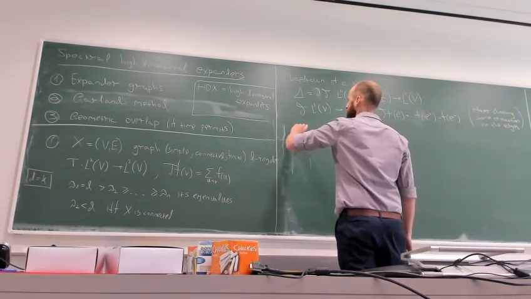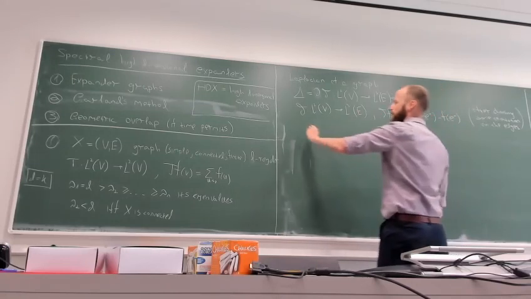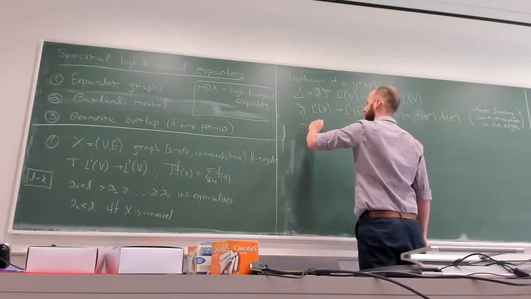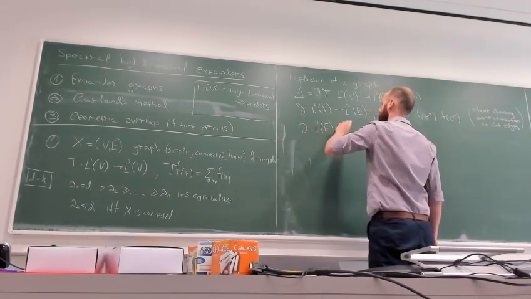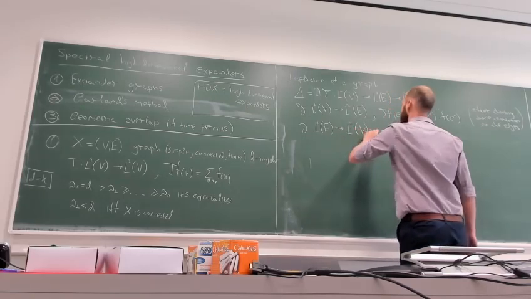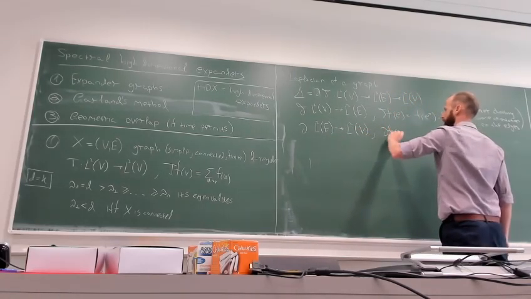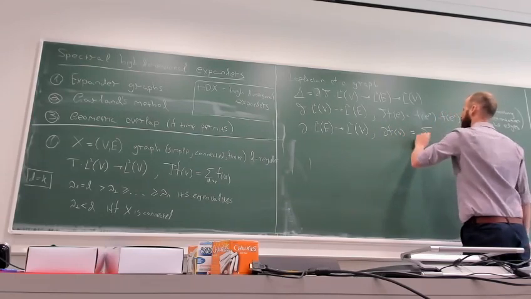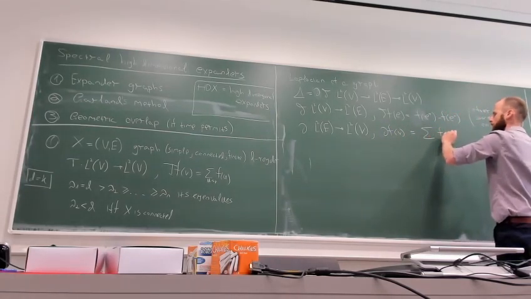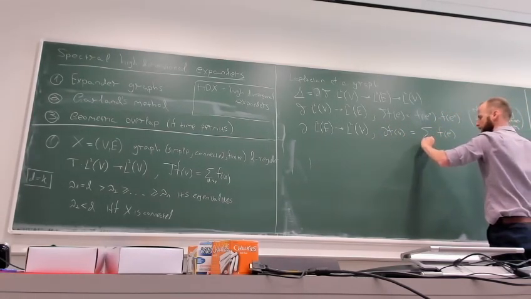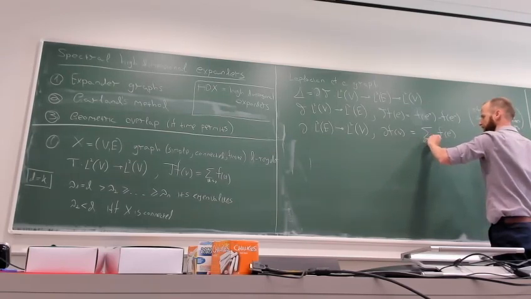And so this is the coboundary operator, and the boundary operator is the adjoint operator.